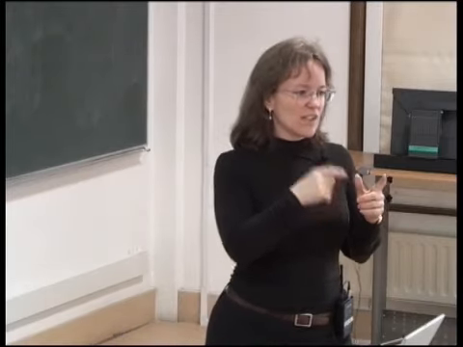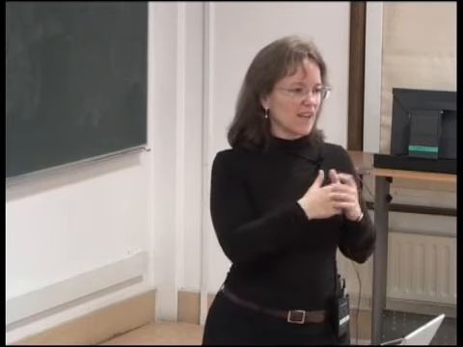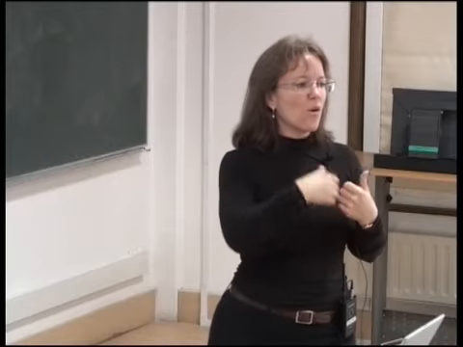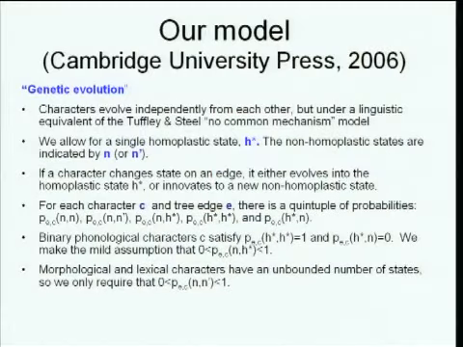And every other state is non-homoplastic, and we're going to call it N, or N prime. So on every edge, each character is either going to innovate or not going to innovate. And if it innovates, it either becomes the homoplastic state, or it becomes a new non-homoplastic state. So you just have to define the probabilities, and these will depend upon the edge and the character.